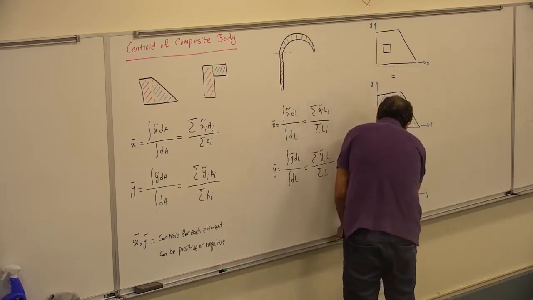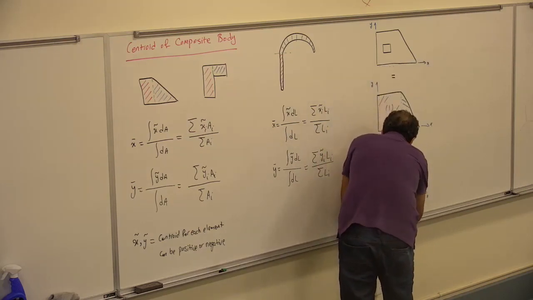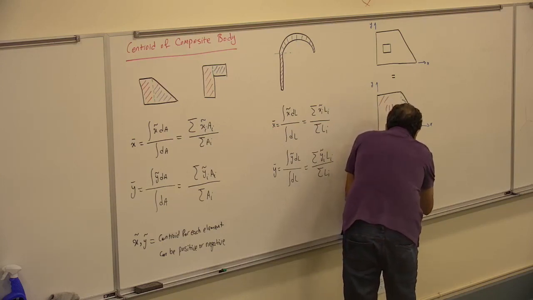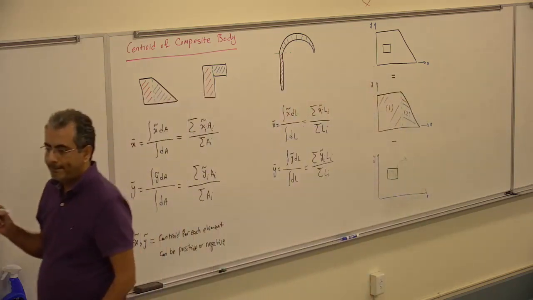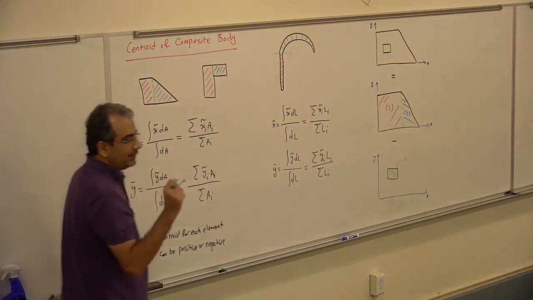And this area will be 3. And the area for the hole is negative.